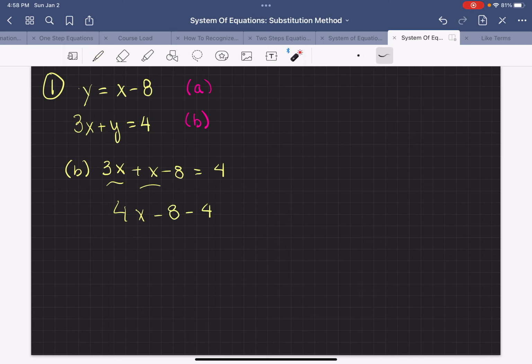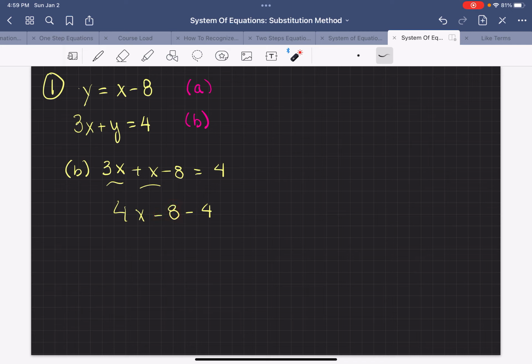So now, in order to find the value for x, all I need to do is get rid of 4 and get rid of negative 8 to have x by itself on the left side of the equation. So which one do I do first? Do I get rid of 4 or negative 8? As always, we will start with the number that is farthest away from our variable, which in this case is negative 8.